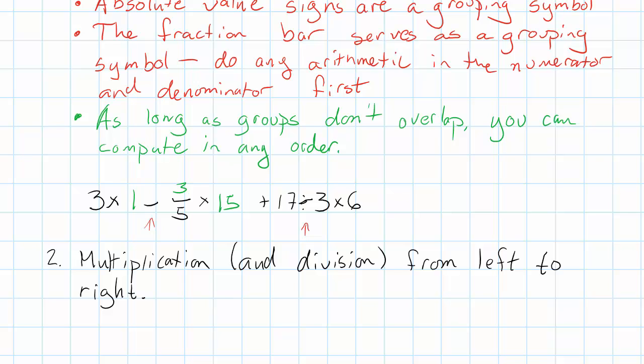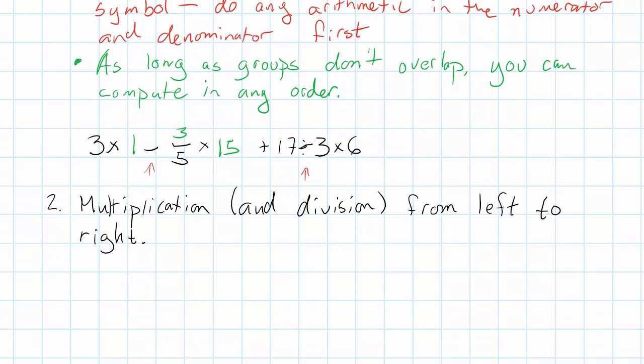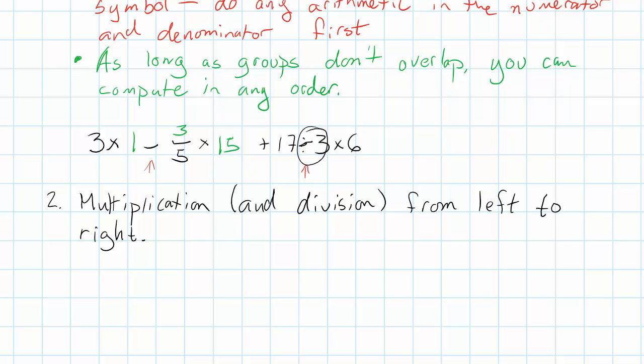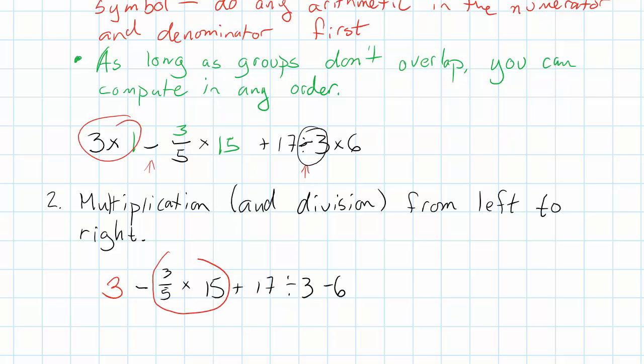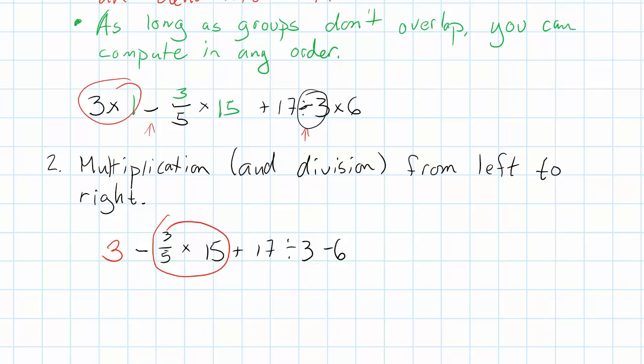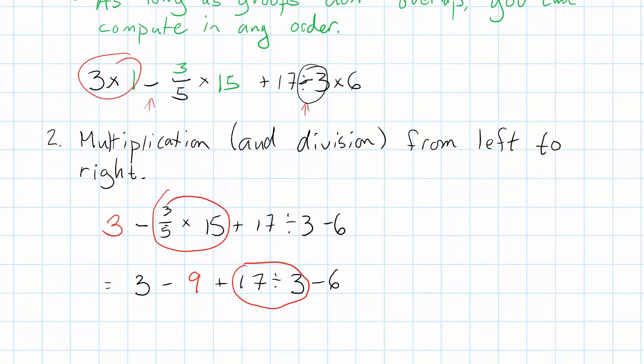We next perform all the multiplication and division from left to right. Now, notice this division here, divided by 3, we could, if we wanted to, rewrite as multiplication. But regardless, we'll get 3 times 1 is 3, and then the next multiplication is 3/5 times 15, which ought to be 9, and then 17 divided by 3. 3 doesn't go into 17.